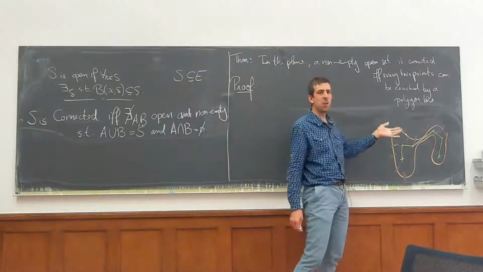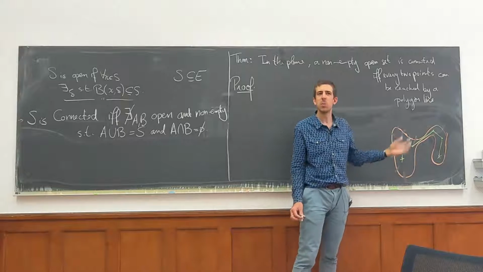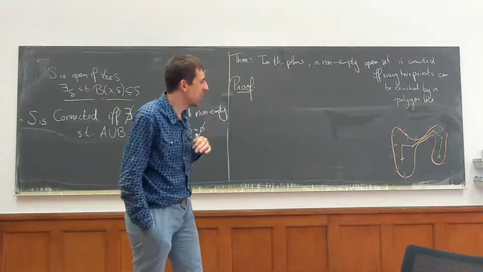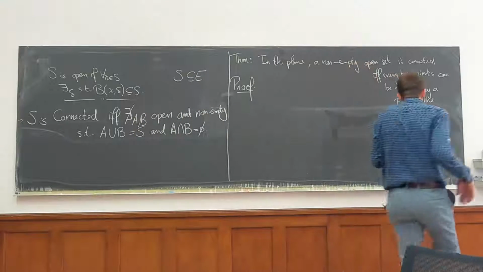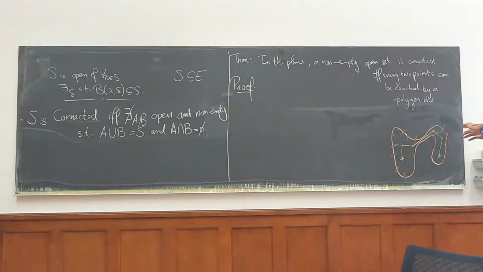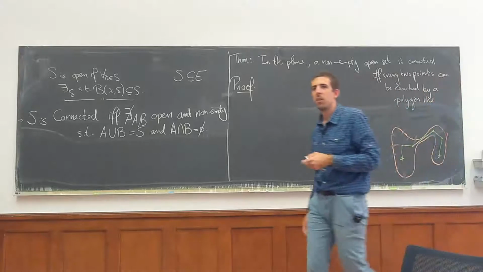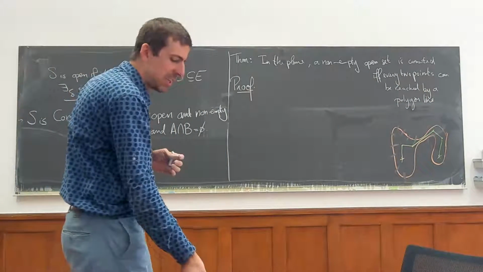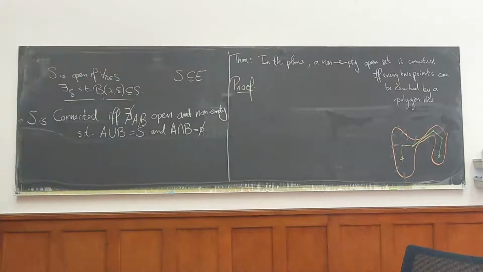We could have defined connectedness in this way, although this way we would have only defined connectedness for open sets, which could have brought up some issues. But how do you argue that a set can't be partitioned into open sets if and only if its points are connected by a polygon line? It's not completely clear how to do this. And this is a great example of a very neat point set topology type of argument.